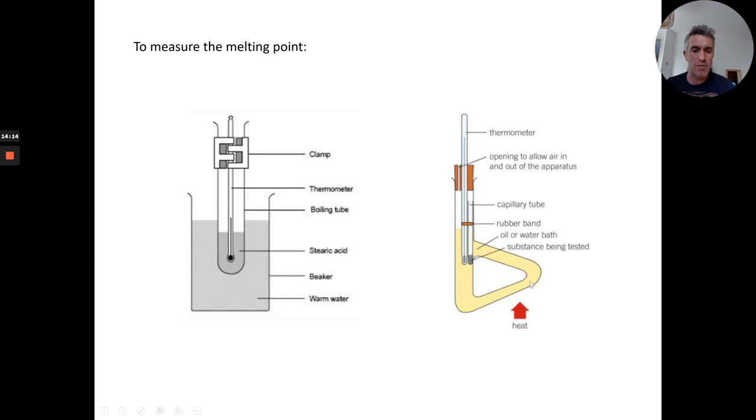They heat it, and if you apply the heat away from the substance, this liquid here gets hot, the heated liquid moves up, it warms this part here, and then the liquid can fall down, be heated again, and go round and around. So to measure the melting point of something, you don't heat it directly, you heat it indirectly by heating something that it is in. But you don't need to write that down, but it's good to see.